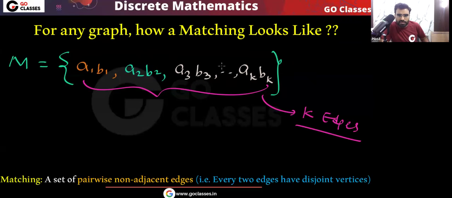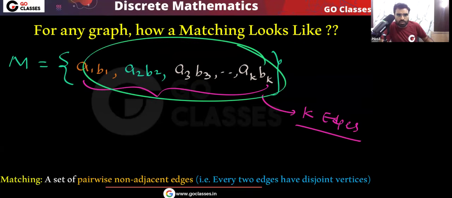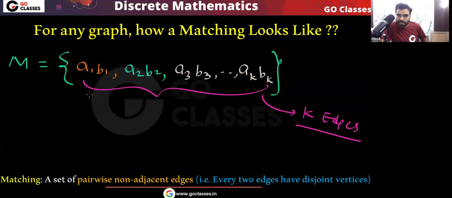And remember, all these vertices, A1, A2, A3 and so on, B1, B2, B3 and so on, all these 2K vertices will be distinct.